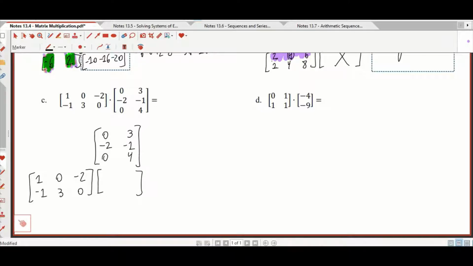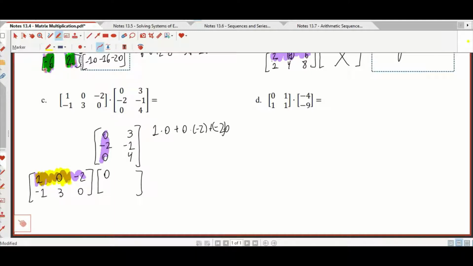So this row times this column is 1 times 0 plus 0 times negative 2 plus negative 2 times 0. And I hope you don't mind that I just say that's 0. Yay! Over here. Hey, that was supposed to change the color.